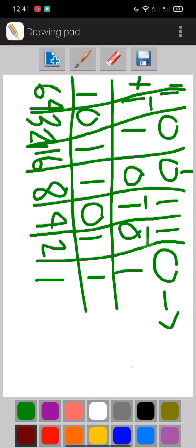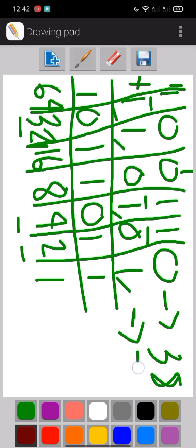So we have a 32 plus 4 plus 2. 32 plus 4 is 36 plus 2, that's 38. And then for the next one, we have a 32 plus 16, which is 48. 48 plus 4 is 52. Plus 1, that's going to be 53.